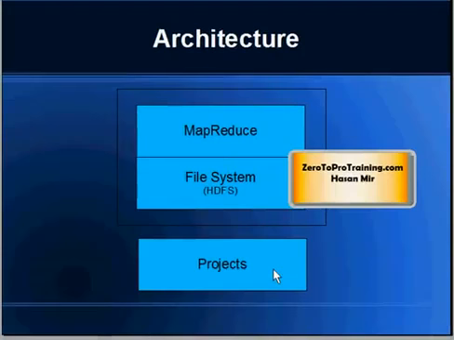There are numerous projects that have been started and managed by Apache under the umbrella of Hadoop, and the objective of these projects is to provide assistance in tasks that are related to Hadoop. We will touch base on these projects very soon. But keep in mind that besides MapReduce and the file system, there is another component to Hadoop, and let's call that projects.